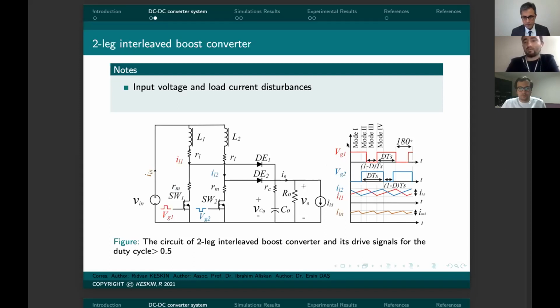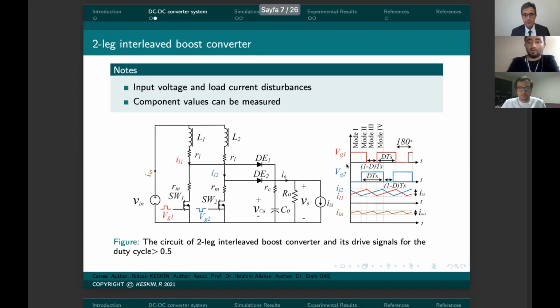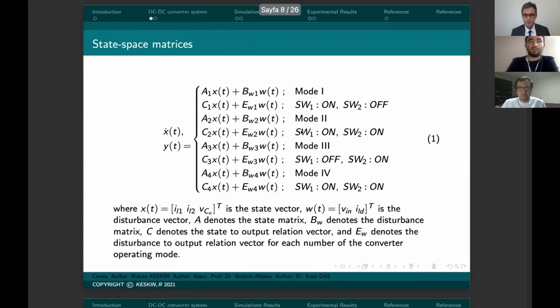According to these PWM signals of the converter, 4 different operating modes occur. Here, inductance currents and capacitor voltage represent the state variables, while input voltage and load current represent the disturbance states.